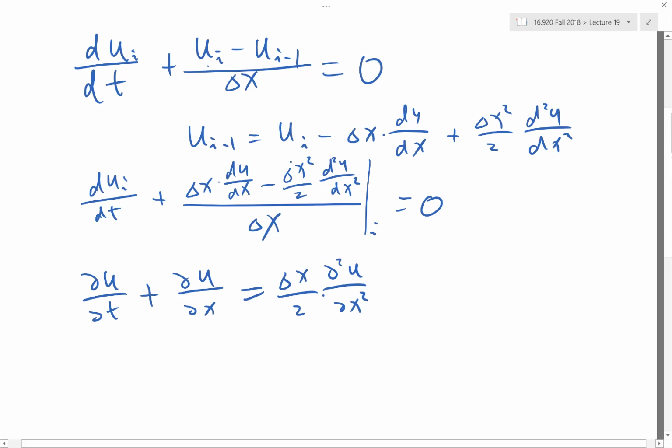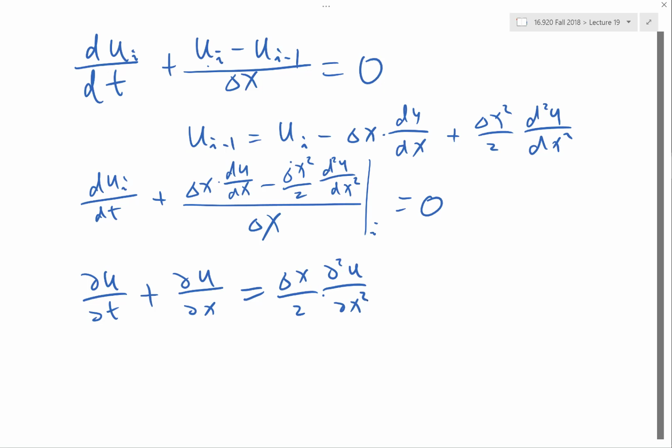And we should all know like what a second order derivative on the right hand side with a positive coefficient does to this advection equation. It becomes an advection diffusion equation, right? And the amount of diffusion you have is half of delta x. So yes, as delta x goes to 0, the diffusion actually goes to 0.